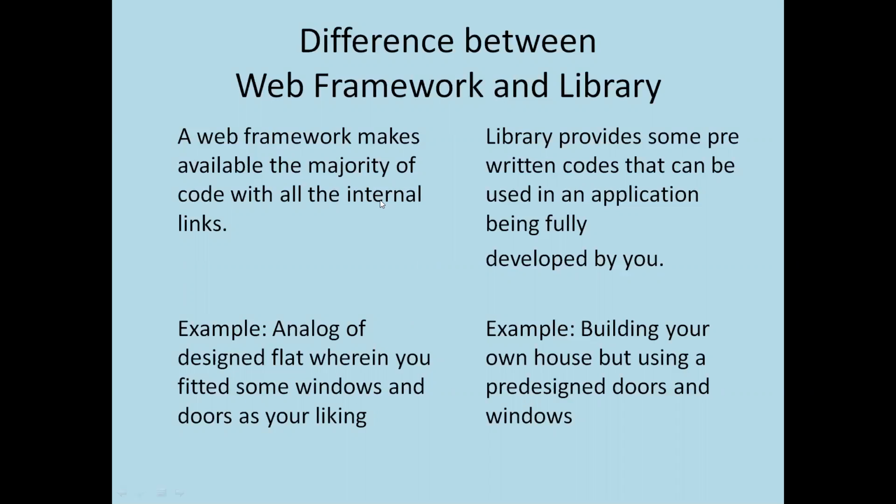So that's the main difference between a web framework and a library. A framework gives you freedom to design on your own, with the existing software or knowledge you have, whereas in a library there will be predefined software or programs, and accordingly you'll be applying them.